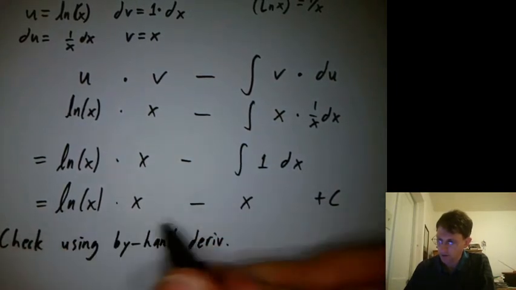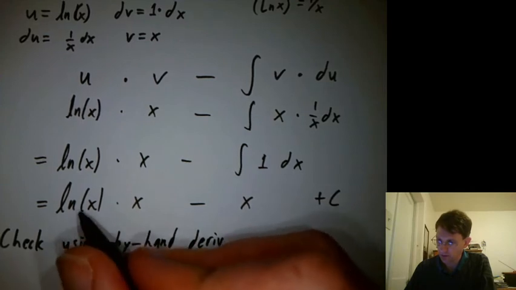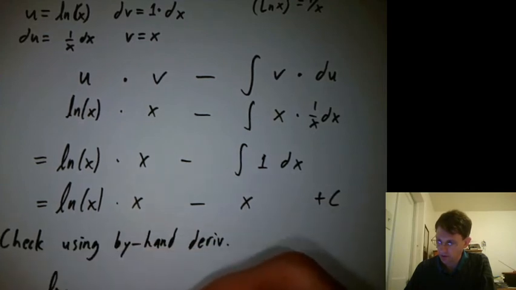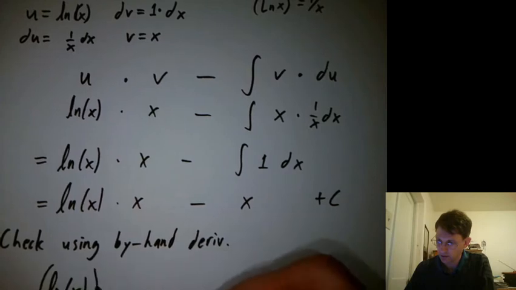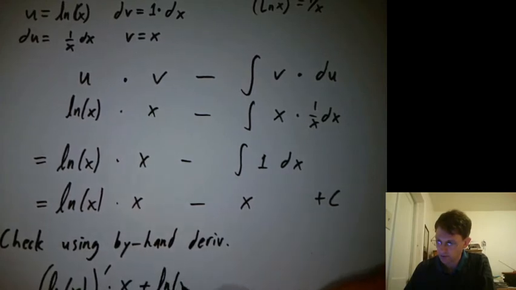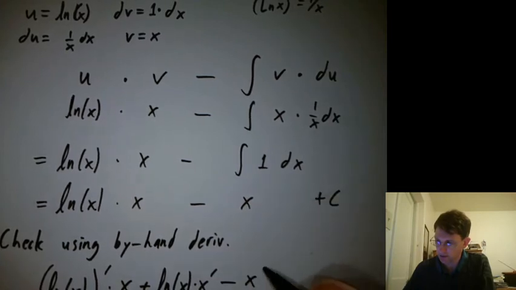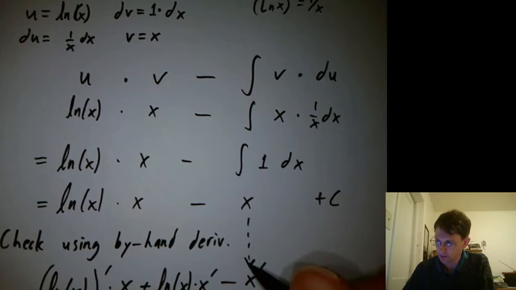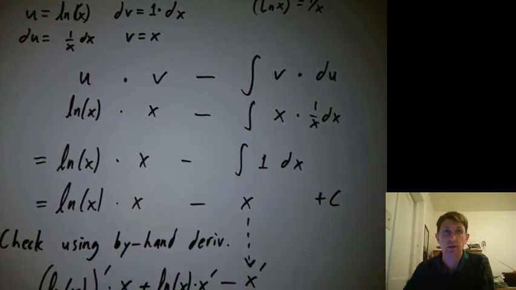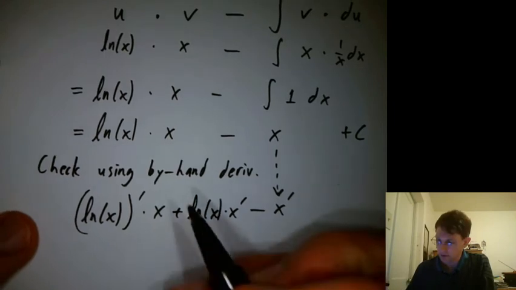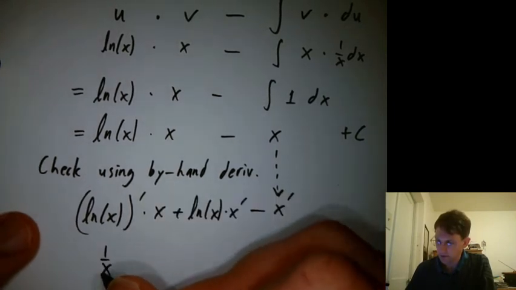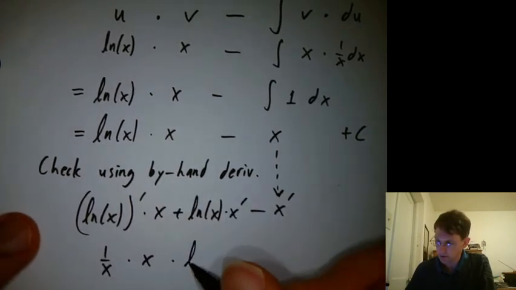So we take the derivative of that whole thing. So we'll get what? Log x prime times x plus log x times x prime minus, and then this x becomes x prime. Log x derivative is 1 over x times x.